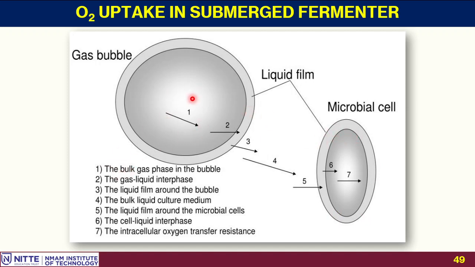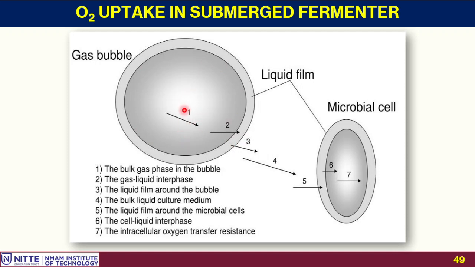Now, the first step, that is the bulk gas phase in the bubble. Oxygen flows from the bulk of the gas nearer to the surface. Second step is the gas liquid interface. So here there is a gas liquid interface, outside the gas bubble. In the first step it will go nearer to the interface. Since it is within the gas and movement is Brownian movement, there is not much resistance in step 1.